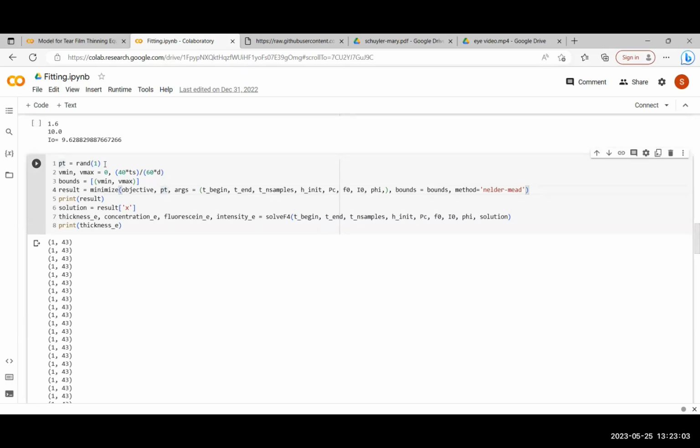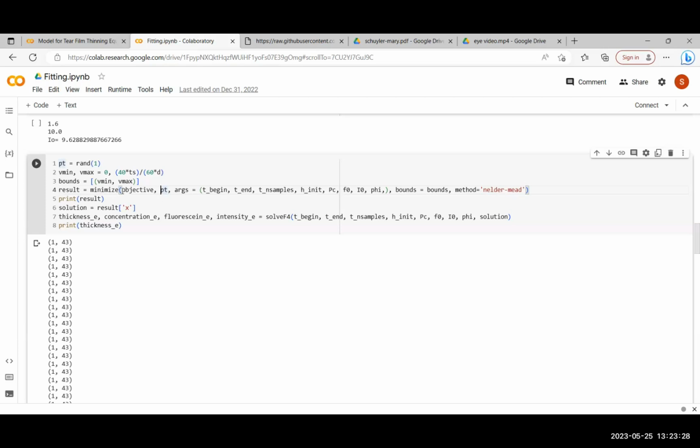It's just a randomly generated point, and that's basically the first value that it puts in just to get the minimization started. It also has all these arguments, which are the constants that we defined. And then the method that we used was Nelder-Mead, which basically uses a series of geometric reflections. But I don't know too much besides that because it was just built in.